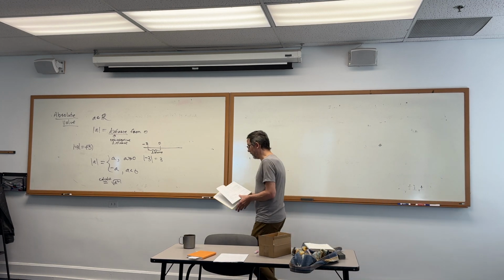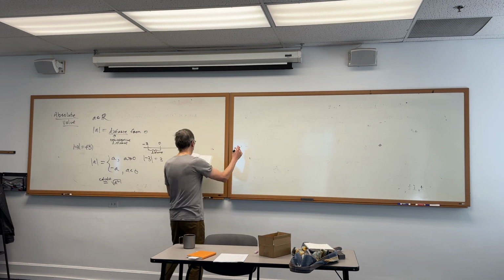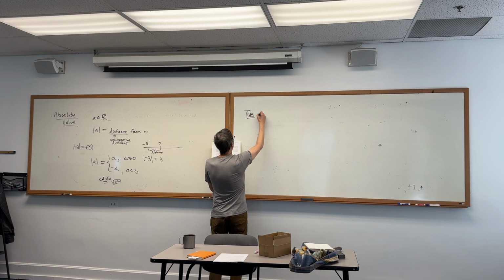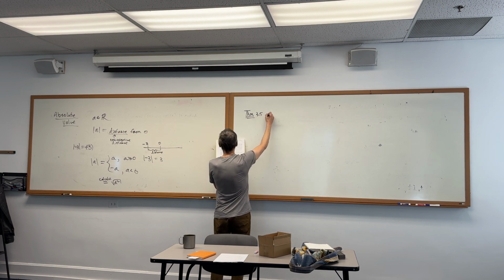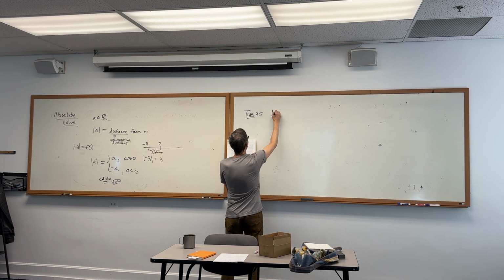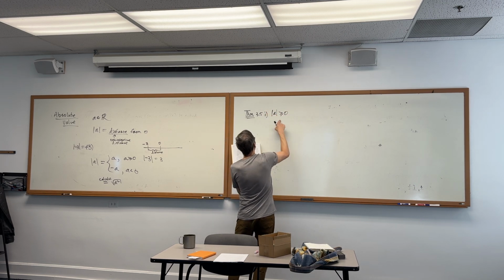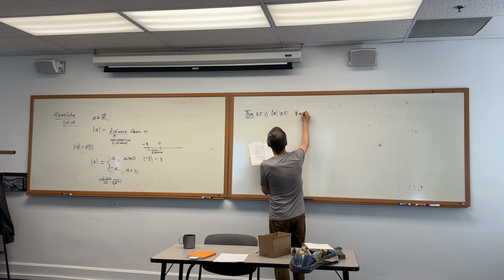Let's take a look at some of the key results about absolute value. I'm not going to prove all these because that's super boring. I'm going to show you some tricks. So theorem 3.5 says three things. The first one is this, for all real numbers, the absolute value of A is greater than or equal to zero.